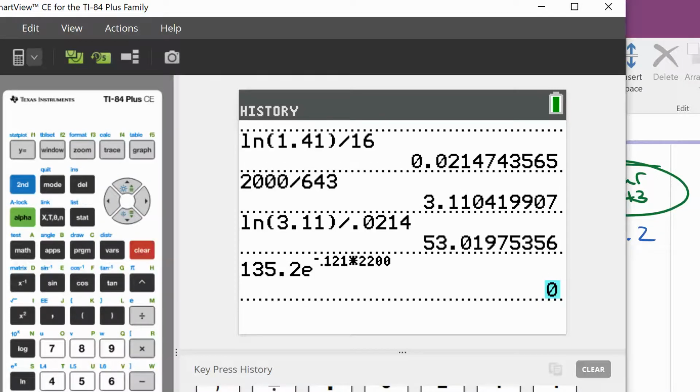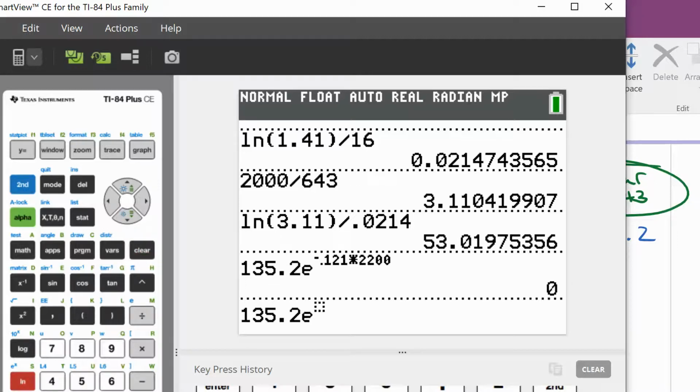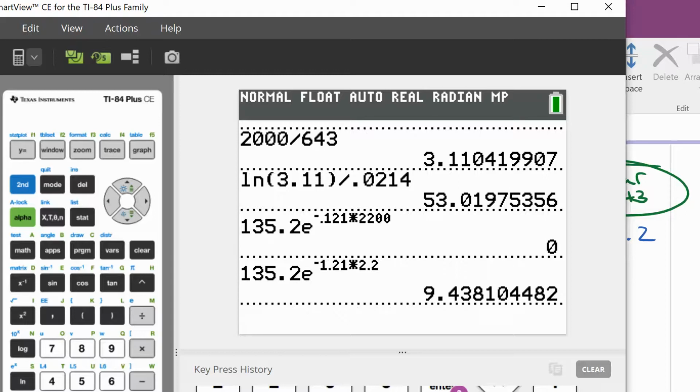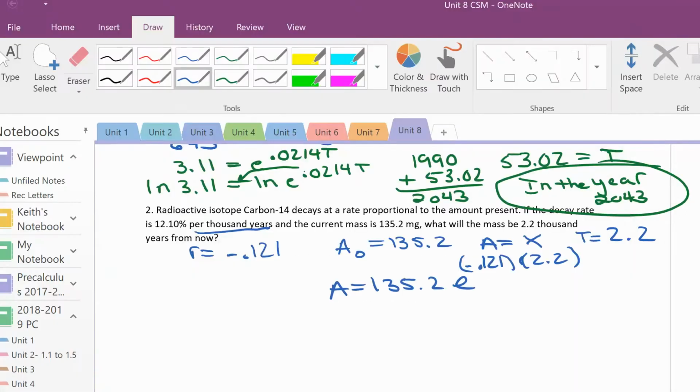So 135.2, second function e to the negative 0.121 times 2.2. And that gives us 9.44 grams left.